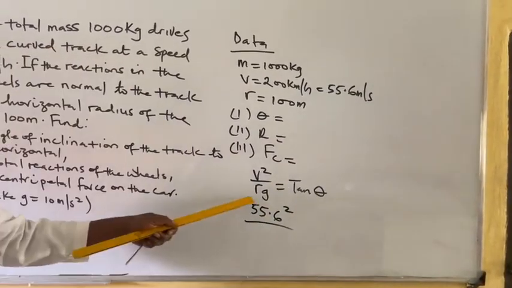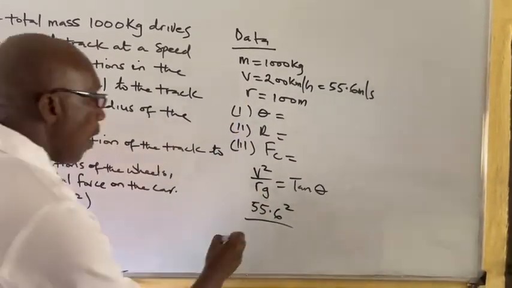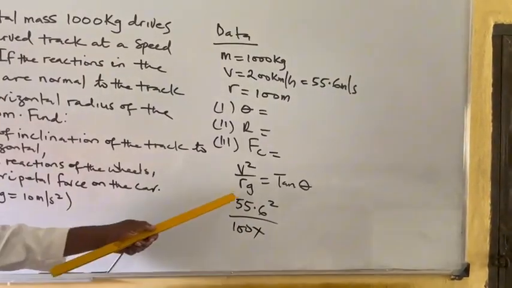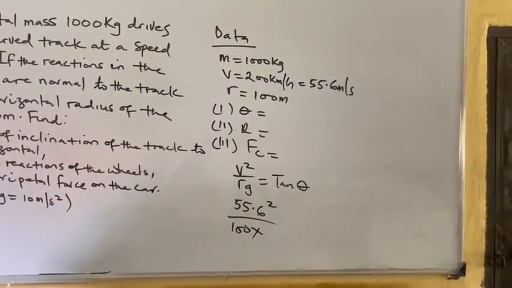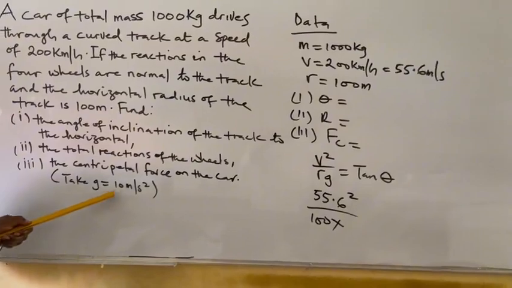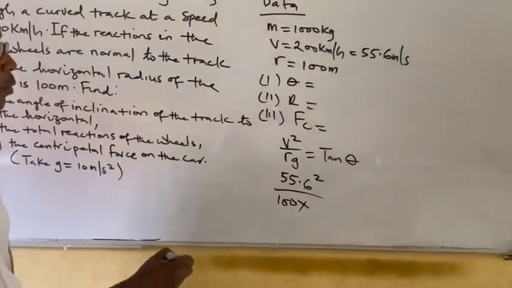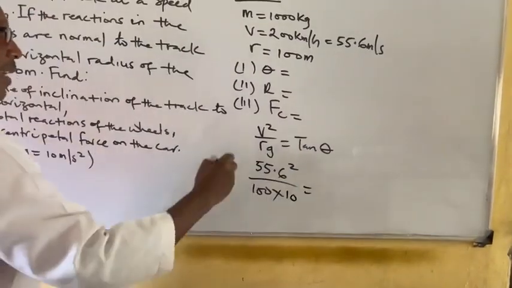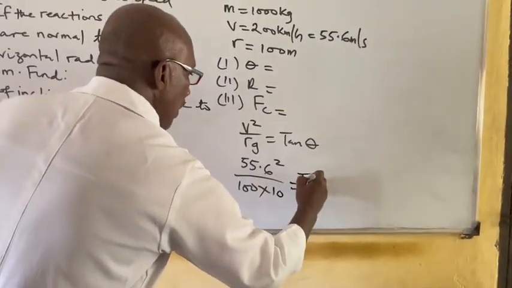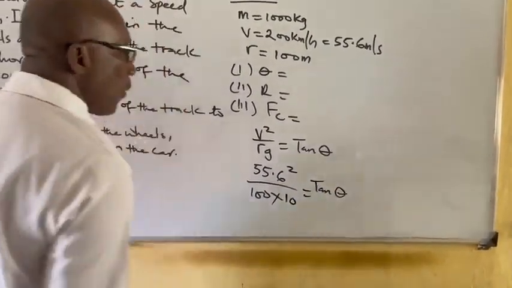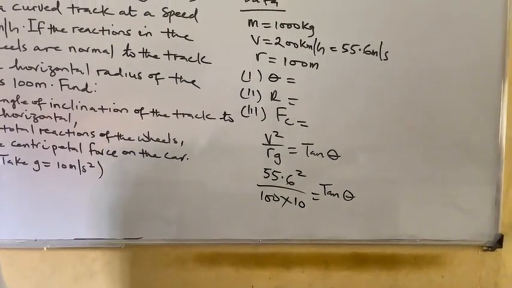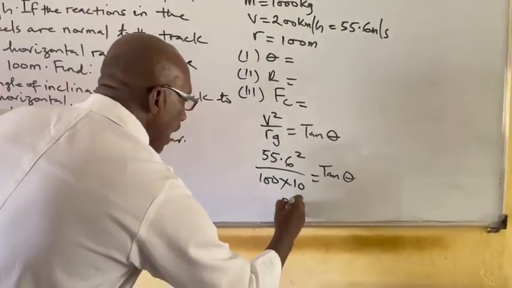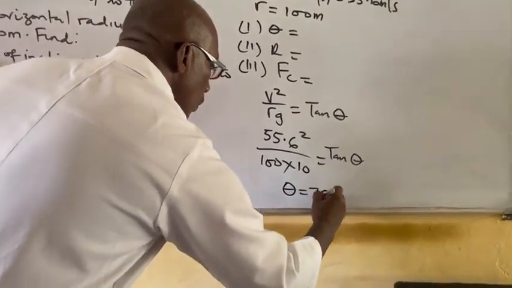Our R is 100, that's our radius, times our G, which is 10 meters per second squared. So this will be multiplied by 10, is equal to tangent theta. Now if we evaluate this, we arrive at theta is equal to 72 degrees. Therefore, theta is equal to 72 degrees.